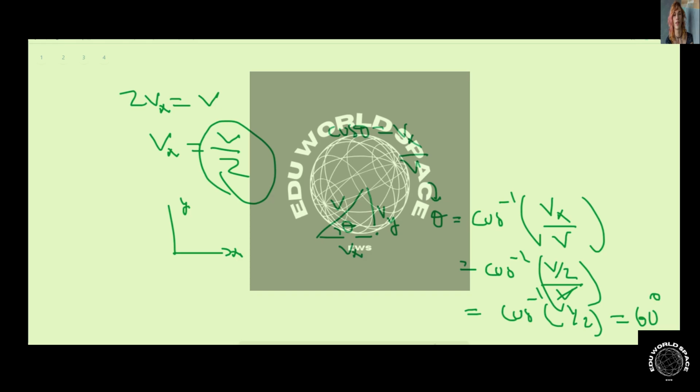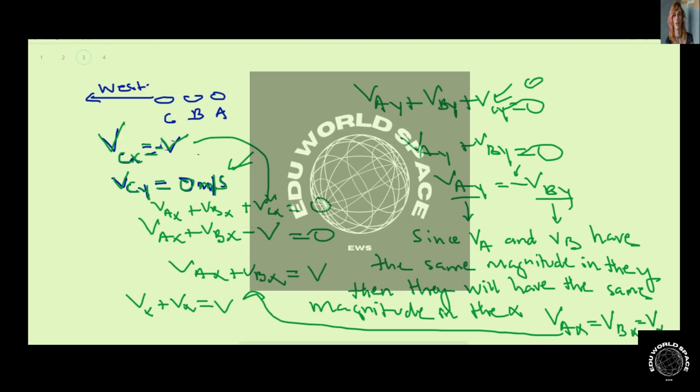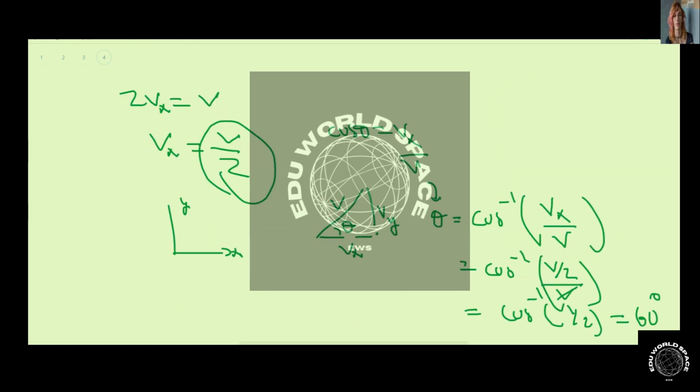So in terms of the components, if you go back and look at pack A and B, you can see that they have opposite directions. So they're moving in opposite directions. And so that simply means that one of them is going to go that way, and then the other one is going to go that way. So this is north, this is south, this is east, this is west.